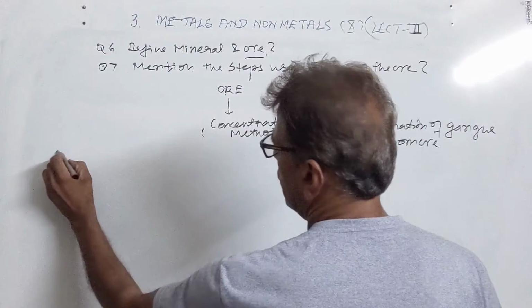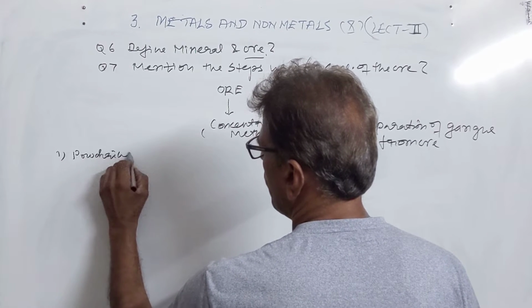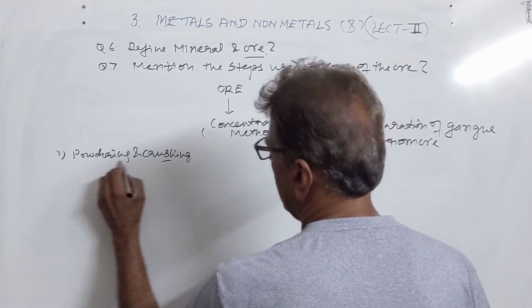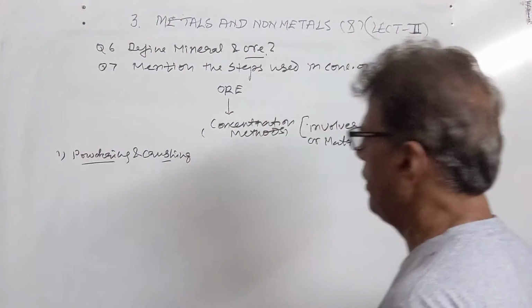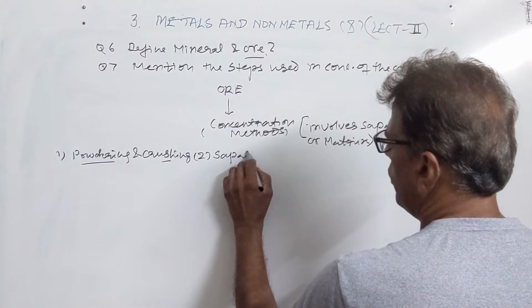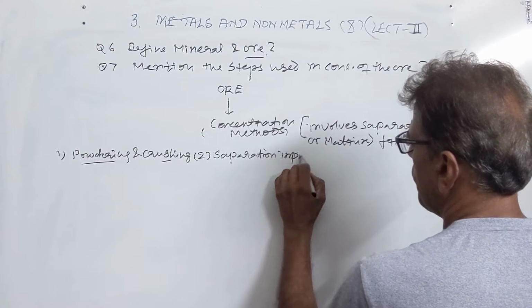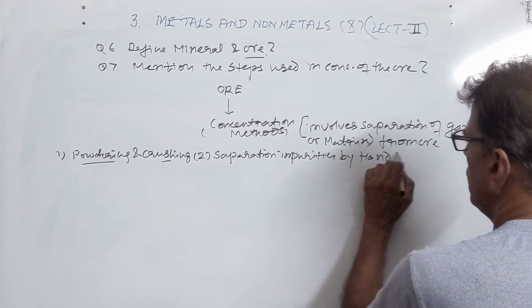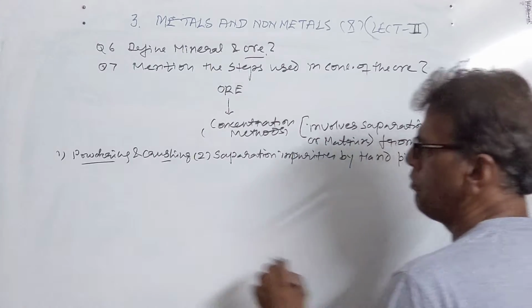It can be done first of all by powdering and crushing. First, the ore is powdered and crushed in jaw crushers or by the stamp mill method to bring it to the powder state. Then we separate impurities by hand picking. If impurities are larger, they are separated by hand picking.